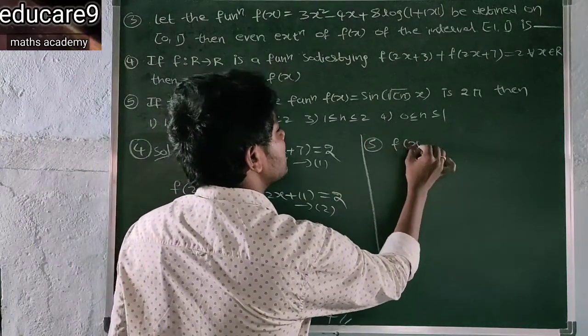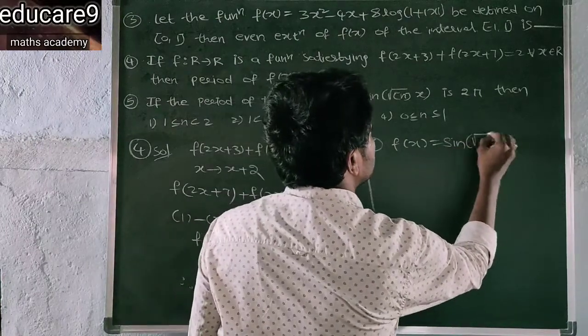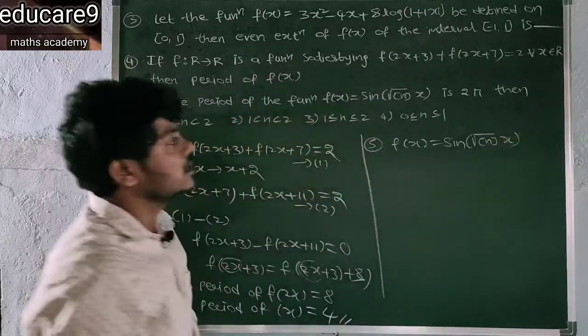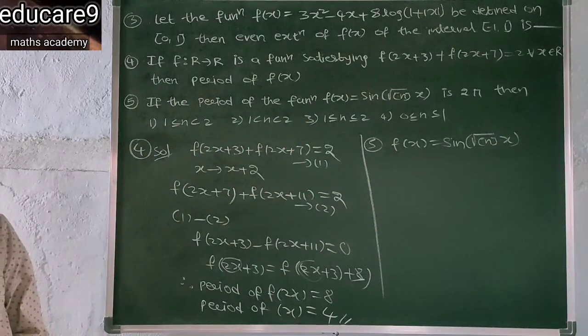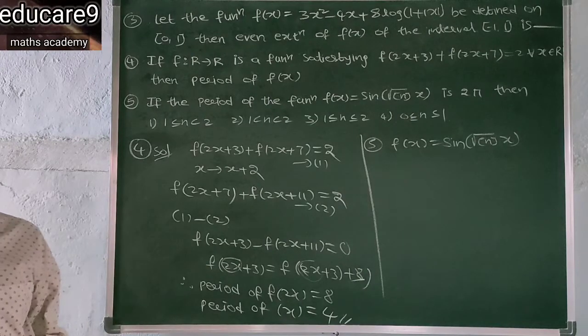f(x) is given as sin(square root of [n] x). The period of that function is 2 pi. Then find the value or interval of n.